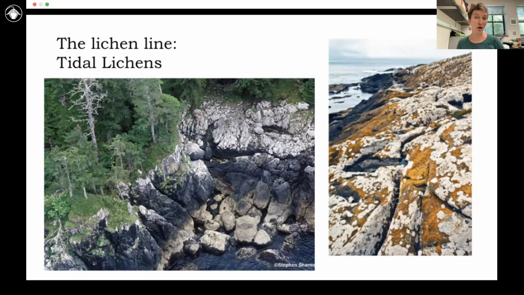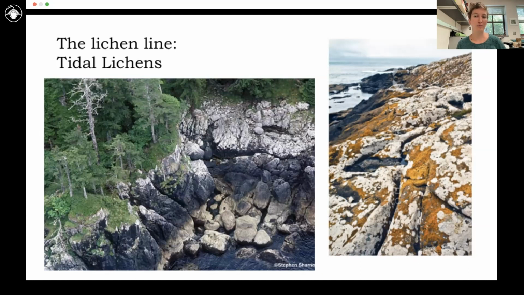But in these hard rocky coasts, you can get these really beautiful patterns where that black band right at the lower tidal level is your Verrucarias and Hydropunctarias, and actually growing on the shells of some of those organisms, including limpets, but also barnacles, is Collemopsidium and some others.